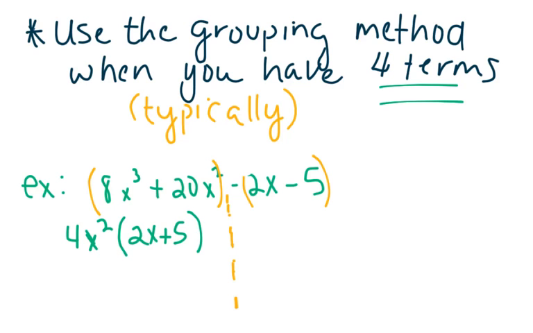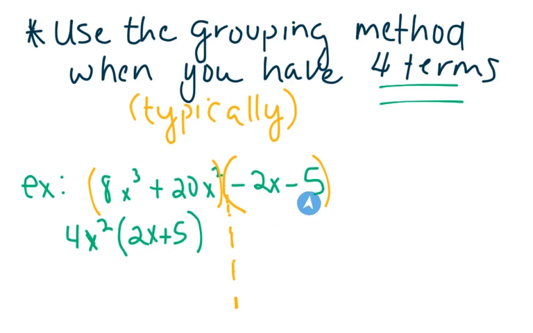So let me erase this. I'll rewrite it. And I'm actually going to put my parentheses around that negative out in front as well. So I still have this -2x minus 5, but I need it to look like a 2x plus 5.